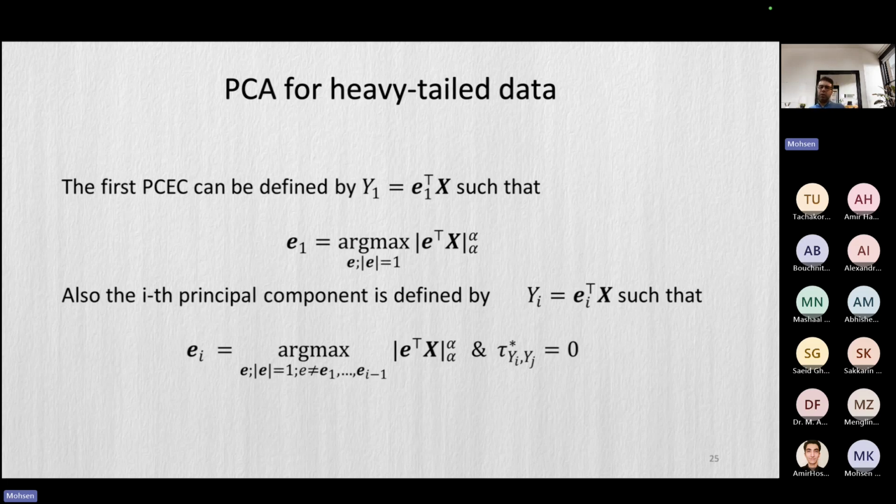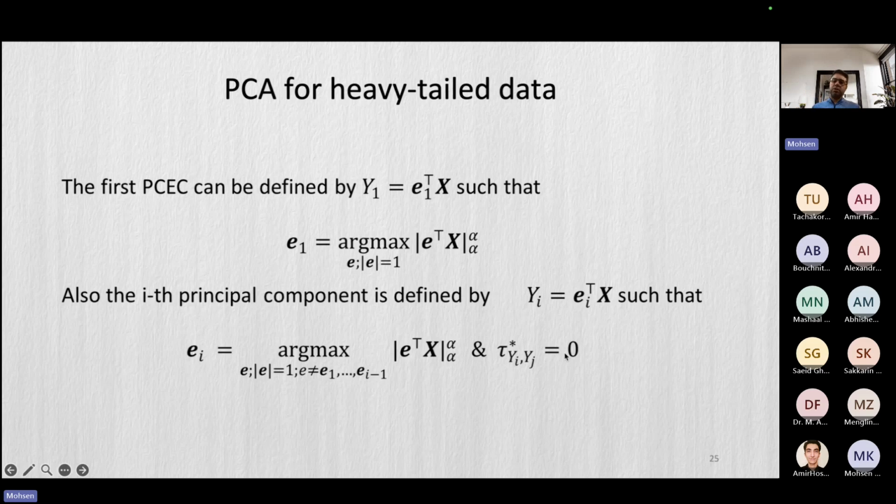That's almost the same strategy as used in the principal component analysis. If you remember from some of the classical textbooks that you might have had in your undergrad courses, the first principal component is a linear combination of the data which maximizes the variance. And the second one is the second unit vector which maximizes the variance, but the first and second should have 0 correlation.